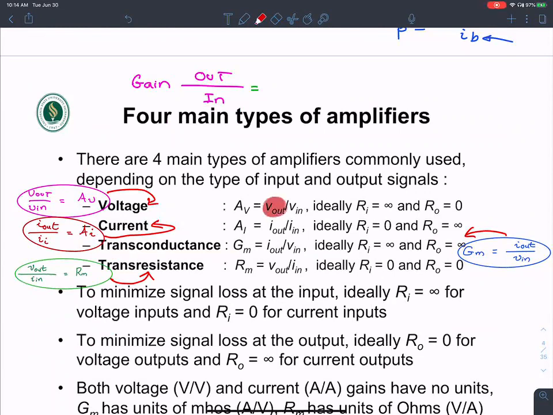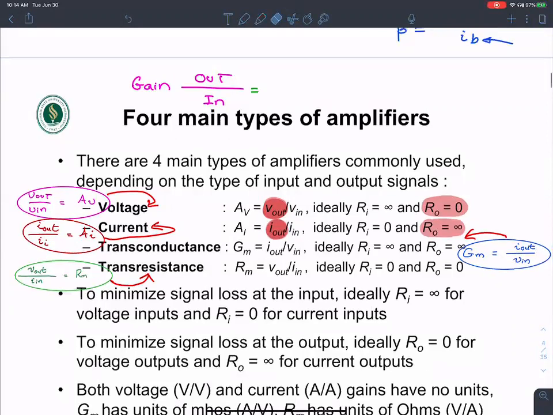V output has a resistance in series, so I want the output resistance to be 0. Similarly, the I output has a resistance in parallel. Therefore, I want anything in parallel to be infinity. So the general characteristics that we looked at earlier apply here very well, depending on what the input signal is and the output signal is.